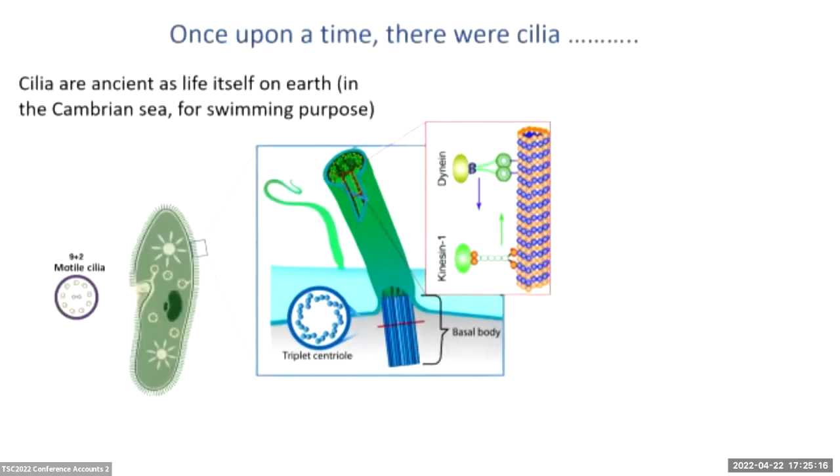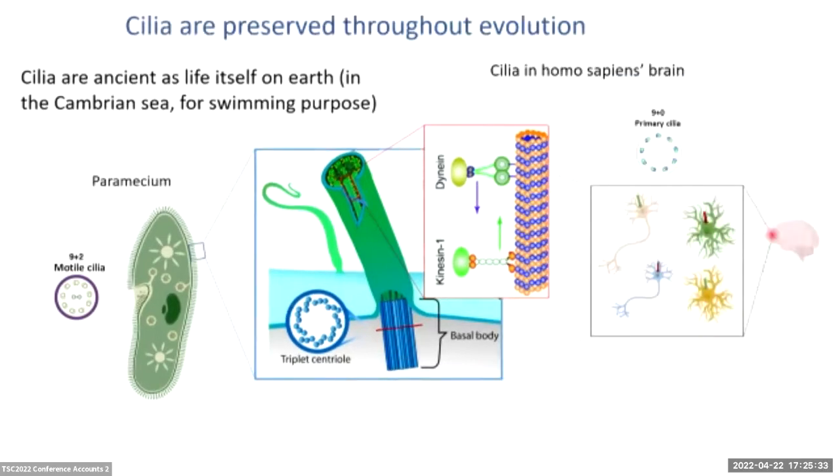Cilia are as ancient as life on Earth. Paramecium, a unicellular organism, had cilia and used them for swimming. However, we know that the human brain also has cilia. There are two types of cilia in the brain, in primates and in all animals.